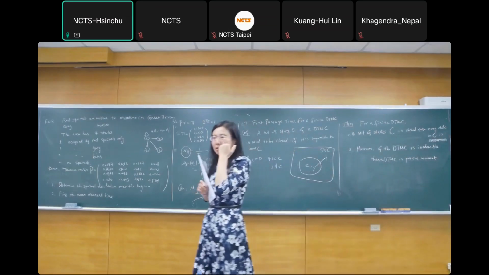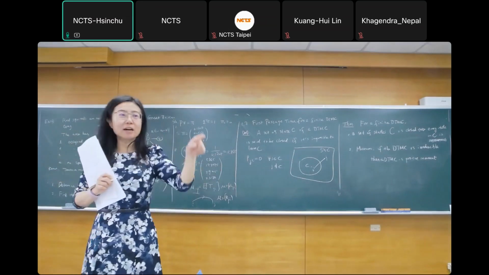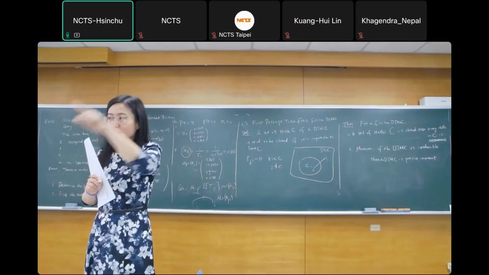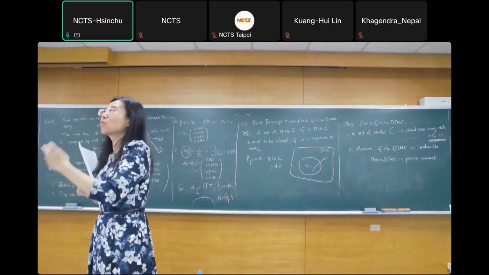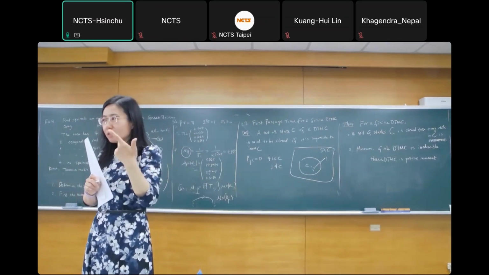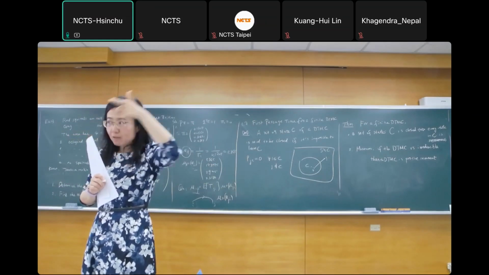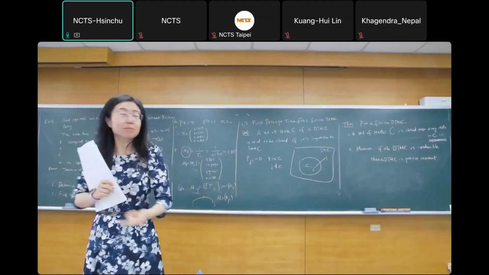A recurrent state means you can come back in finite time, whether periodic or not periodic. That's called recurrent. What's the opposite of recurrent? Transient. Transient means you may never be able to come back, right?